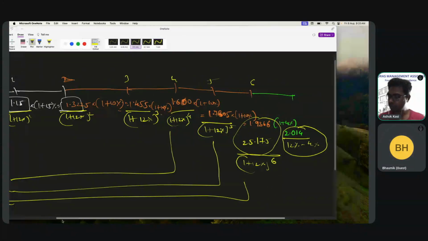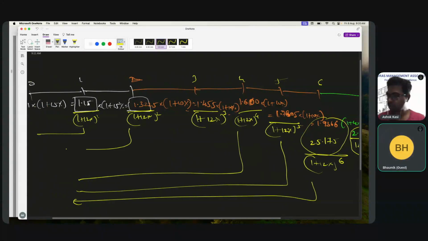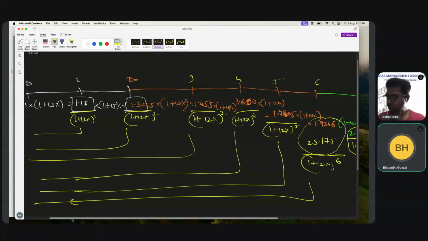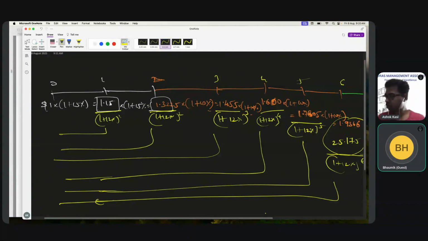Sir, can't we use the CF function? Yes, you can use the cash flow function.